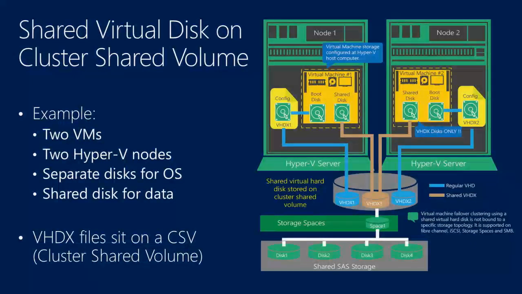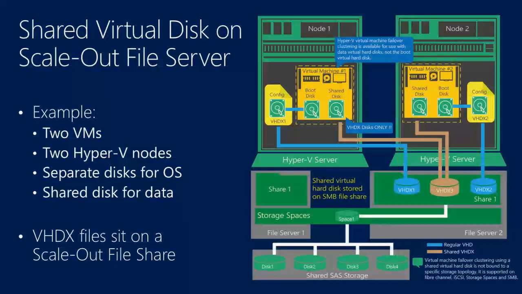shared disk for data. In the same fashion, I can create a shared virtual disk with the scale-out file server. In this case, I have my scale-out file server here at the bottom. Same principle: a dedicated boot disk for each VM, and a shared VHDX here in the middle. Okay?